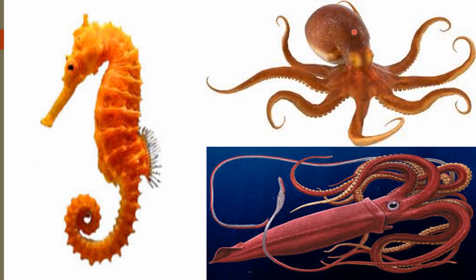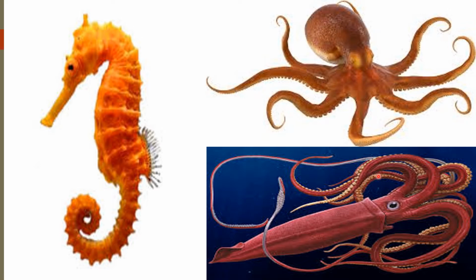Okay? Now when you come down below, it's an animal that looks like the octopus, but not so much. They have some differences, and the differences are the head, the shape of their heads. Look at the head of this one here. Look at the head of the octopus. Now the octopus has its eyes right here.